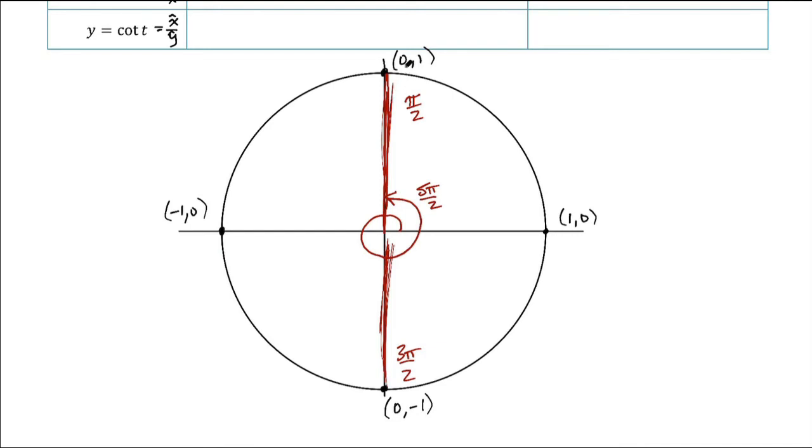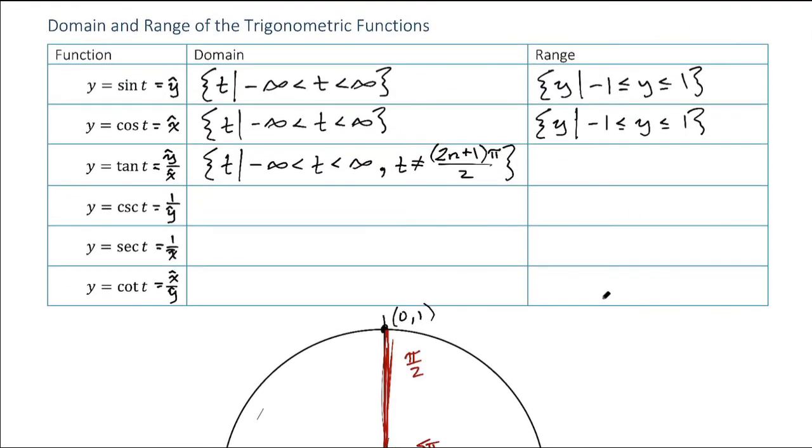But on the flip side, we also have really small y coordinates divided by numbers close to 1, which are really small numbers. And we've got all the positives for our y coordinates up top, and negative y values on the bottom. And of course, positive x values on the right side and negative x values on the left side. So really, our range for the tangent ends up being everything. Any y from negative infinity to infinity. That's the range of our tangent function.